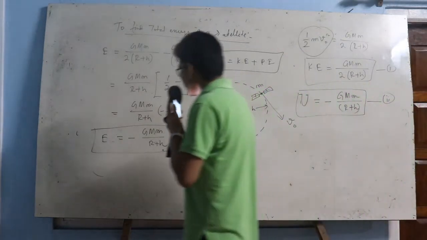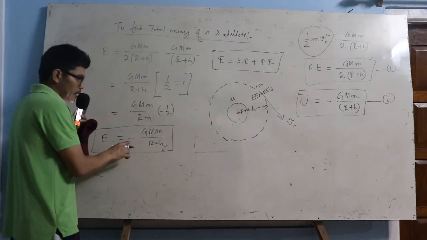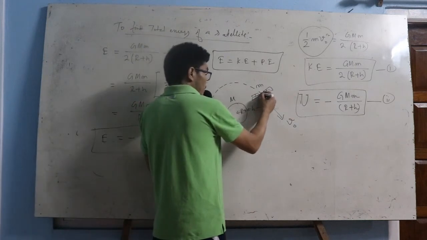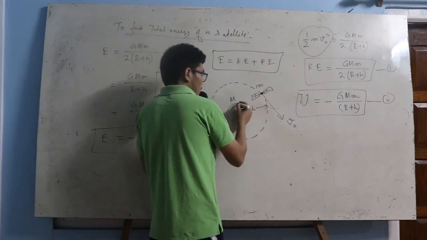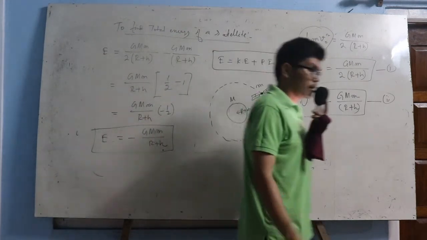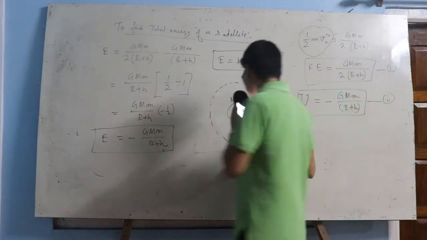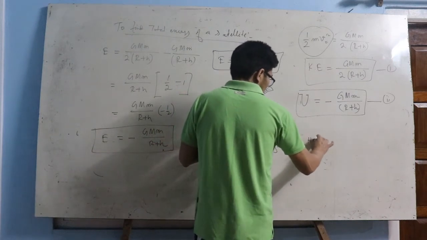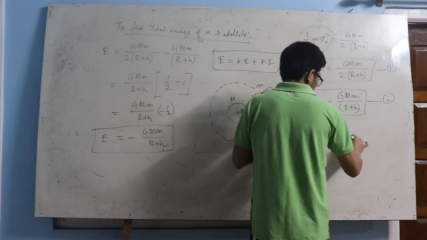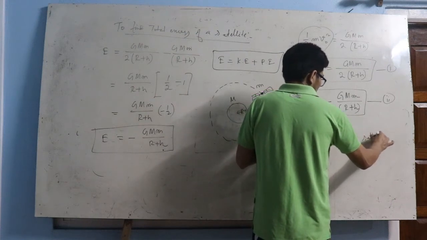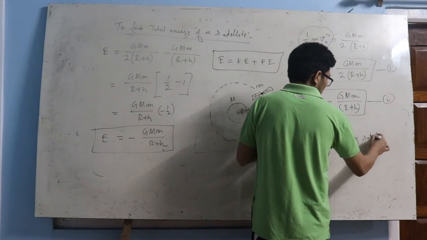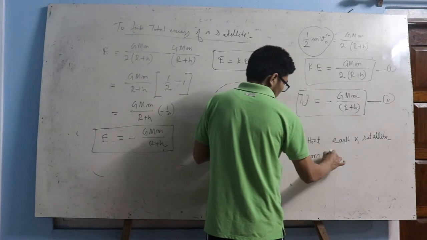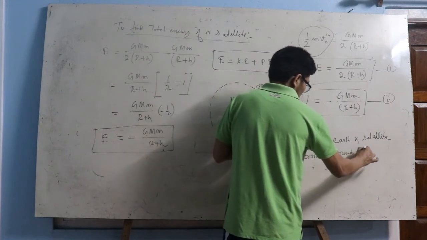Now, this total energy of the satellite is negative simply because the satellite and the Earth attract each other here. The negative sign shows that Earth and satellite form a bound system.